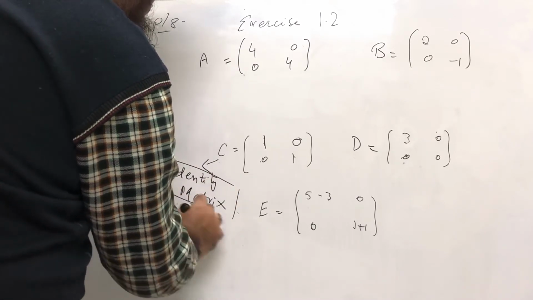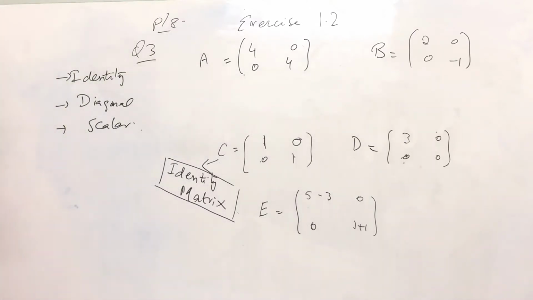This is very simple: all the non-diagonal entries are 0, and number 2 is that diagonal entries are 1, 1. This is also called a unit matrix. So this is done. Now we'll be doing scalar matrix.